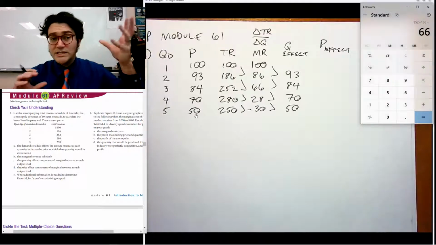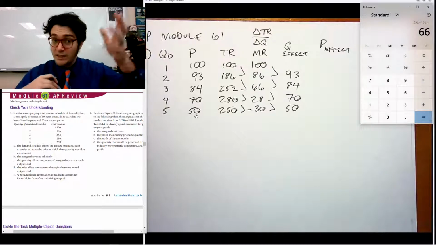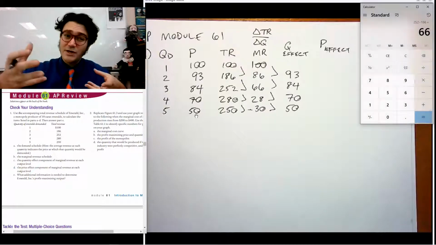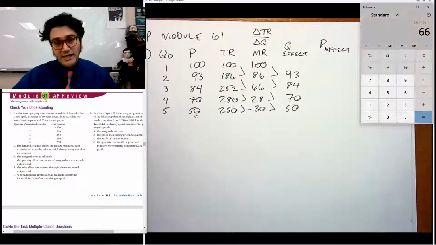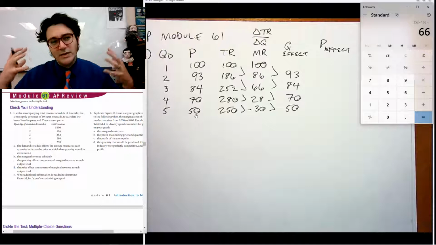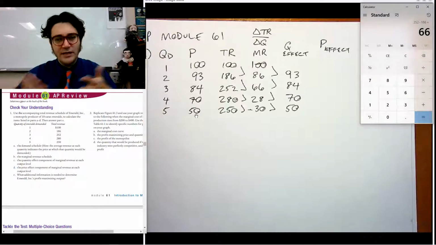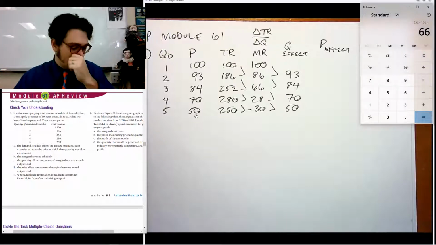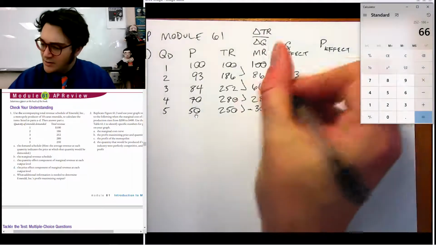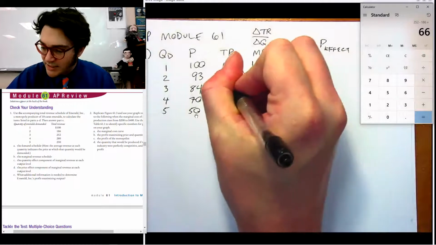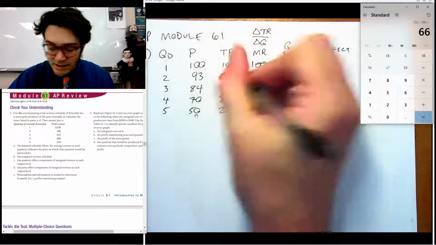In one sense, you're gaining some revenue by selling an additional unit, but you're also giving up some revenue because you're cutting the price of the previous units that you already sold. This is trying to get you to see those two forces conflicting with each other. And that's actually just supposed to be 186, I just can't read.